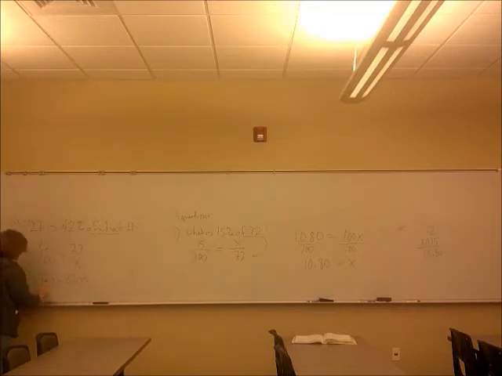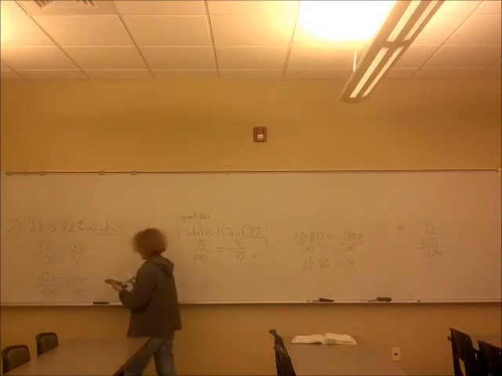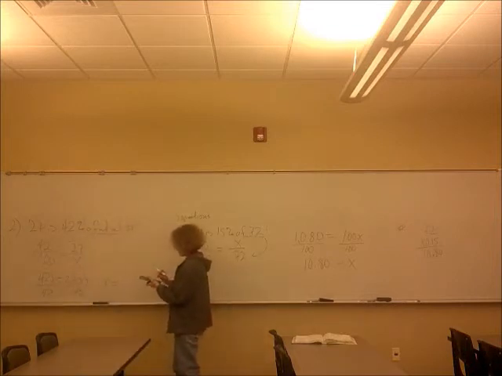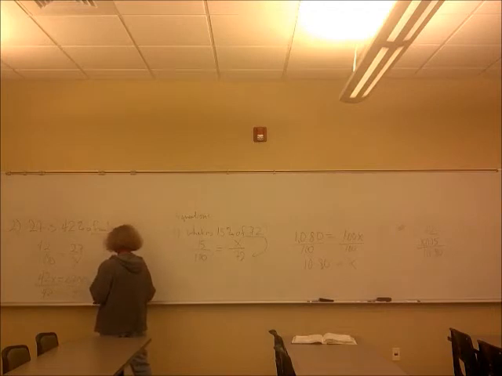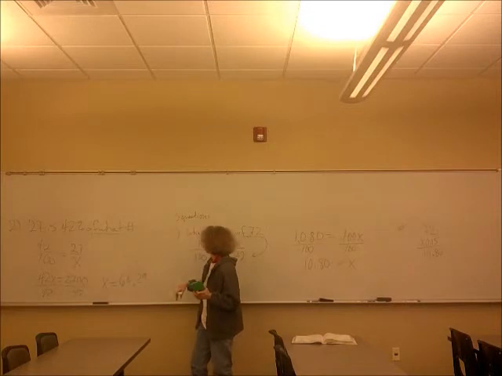Divide out the 42 in front of x on both sides. X equals 64.29. It's a long decimal, you can round it where you want.